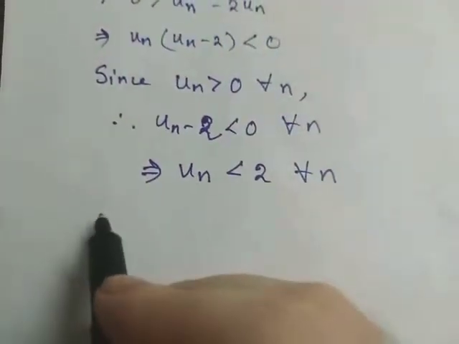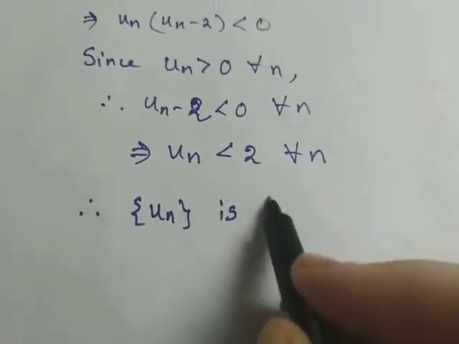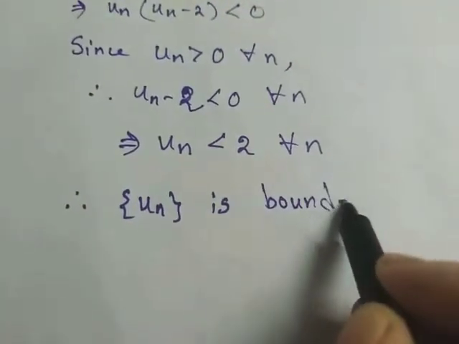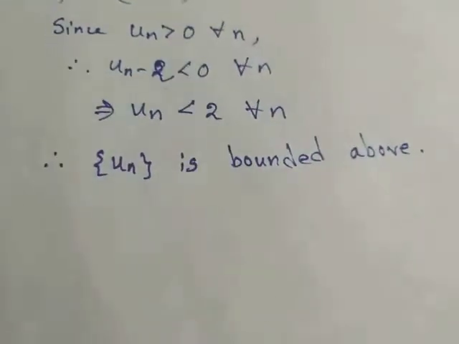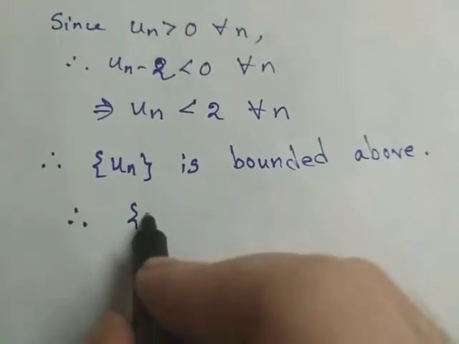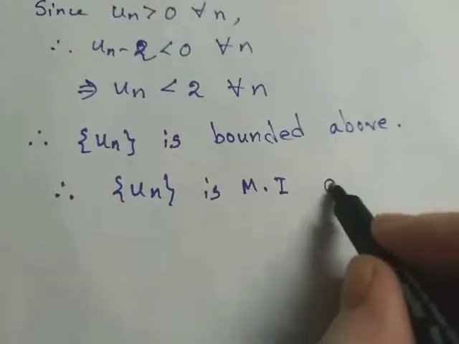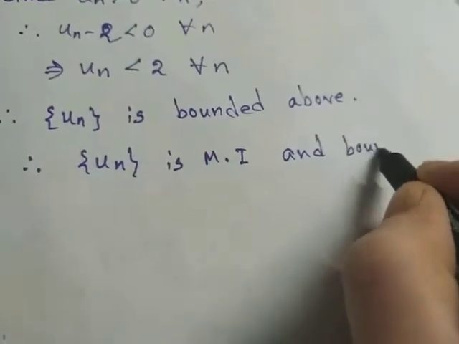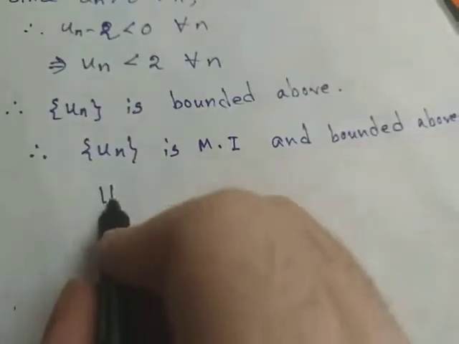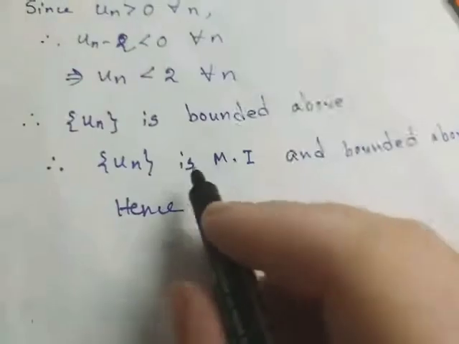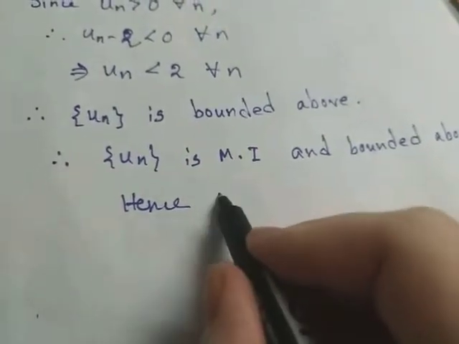This shows that the sequence un is bounded above. Therefore the sequence un is monotonically increasing and bounded above. Hence, we know that if a sequence is monotonically increasing and bounded above, then the sequence is convergent. Hence the sequence un is convergent.